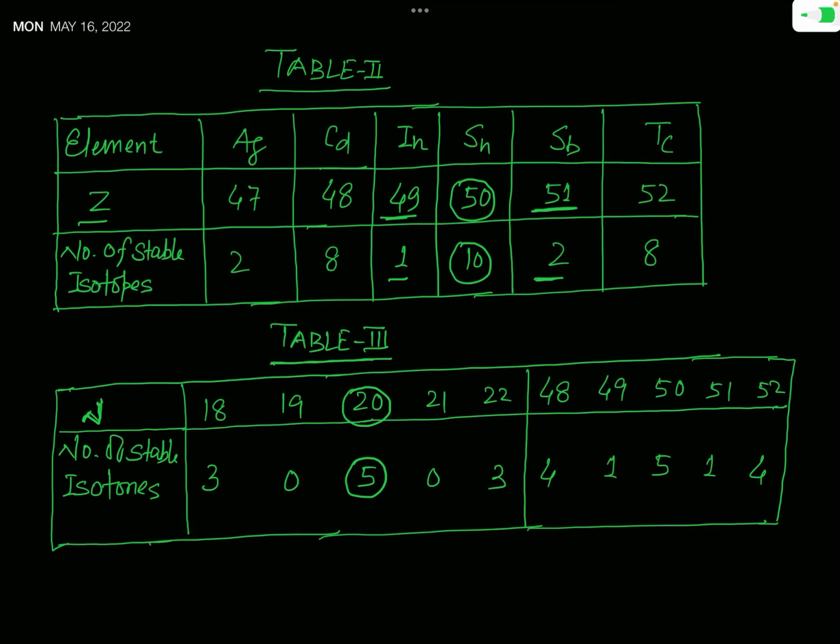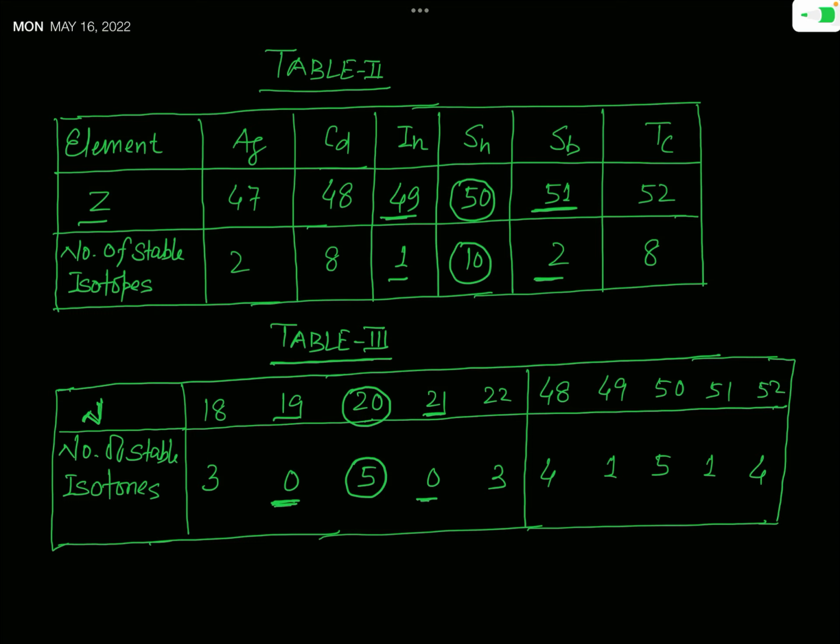But see, if you consider a nucleus in which the number of neutrons is 19, which is a neighbor of this magic nucleus, it has no stable isotone. The number of stable isotones is 0.